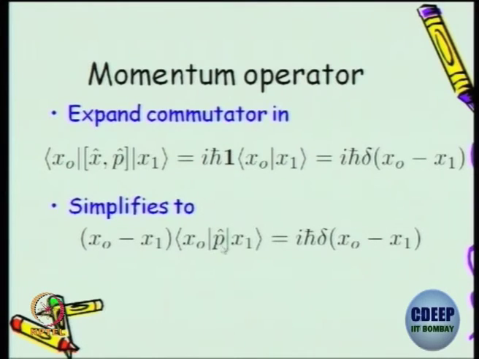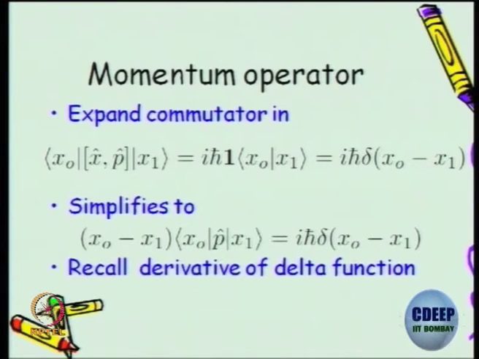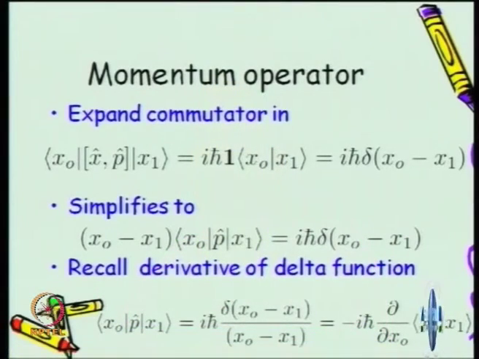Now from here, if you take x0 and x1 to be really close, it is like 1 over x0 minus x1 times the delta function. What is that, 1 over x0 minus x1 times the delta function? You have to check, it will be a derivative of a Dirac delta function. What is the derivative of a Dirac delta function? Delta of x0 minus x1 by x0 minus x1 is nothing but a derivative of a Dirac delta function.